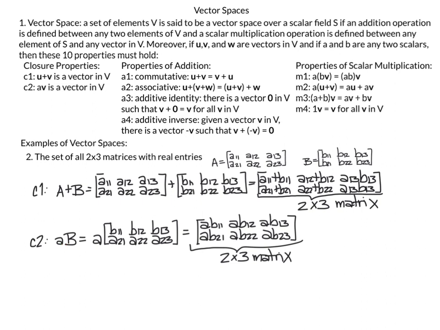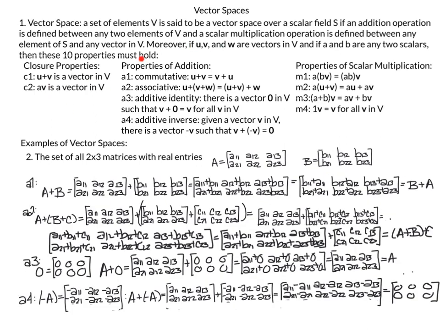For C2, if we have a scalar a times a matrix B, by the definition of scalar multiplication, we have this matrix here, which is still a 2x3 matrix, so scalar multiplication is also closed. To go through the properties of addition, first I have to show that addition of two vectors is commutative.